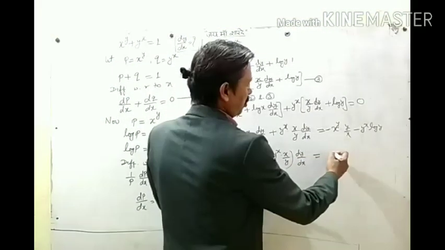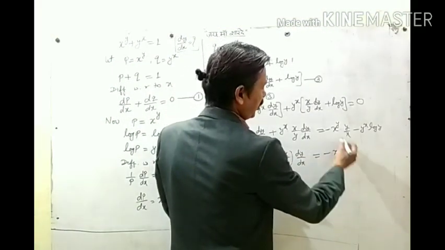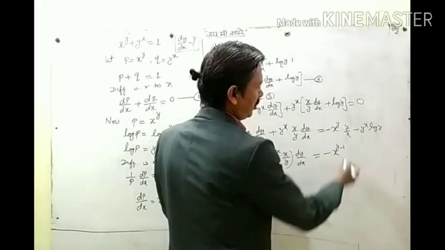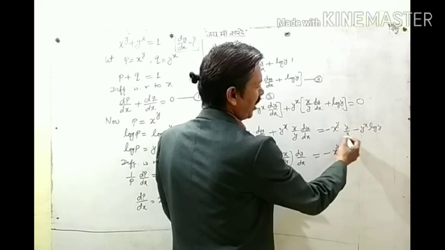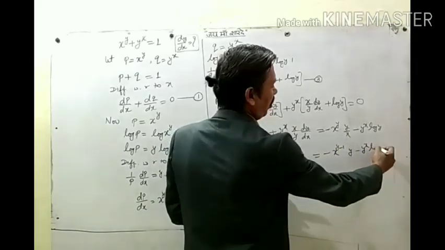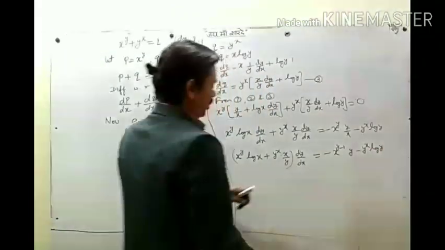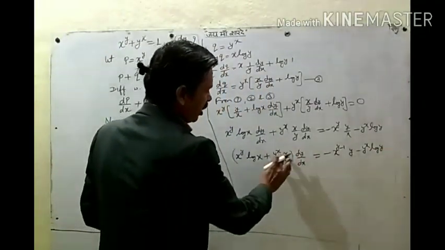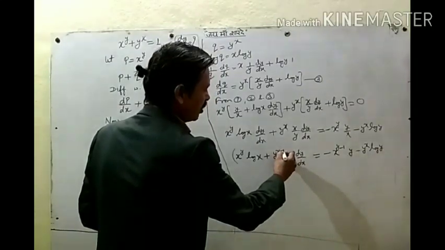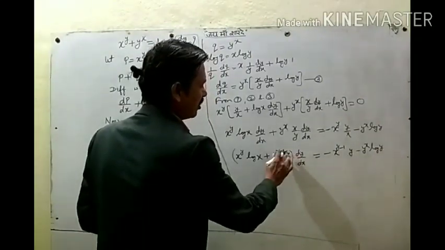is equal to minus of, it can be written x to the power y minus 1, the base is the same, into y, and the same thing we can also write, y to the power x into log y.